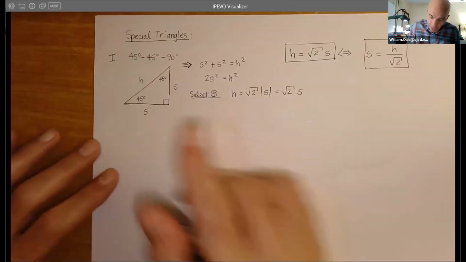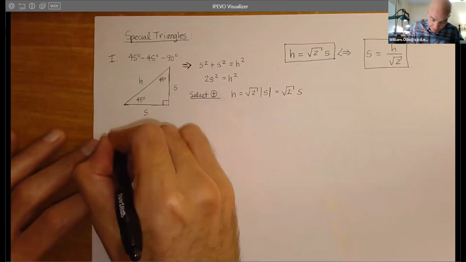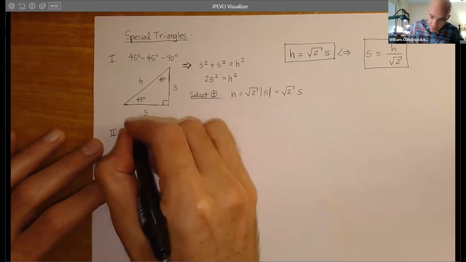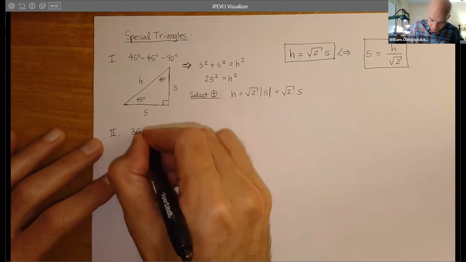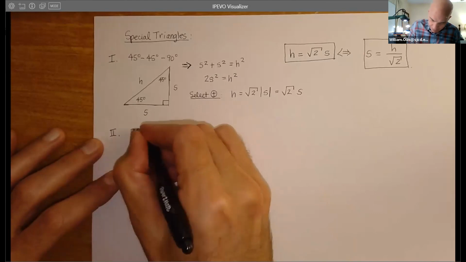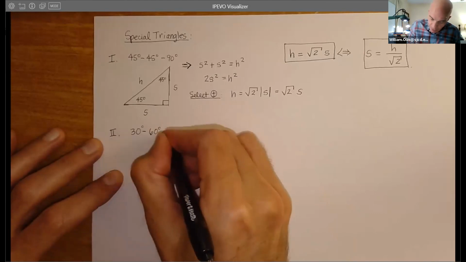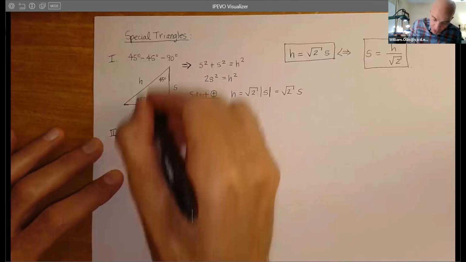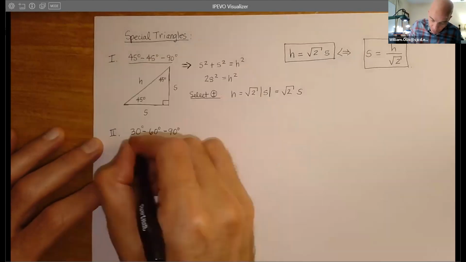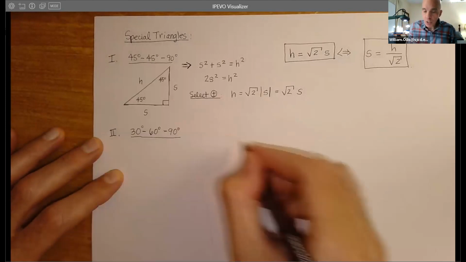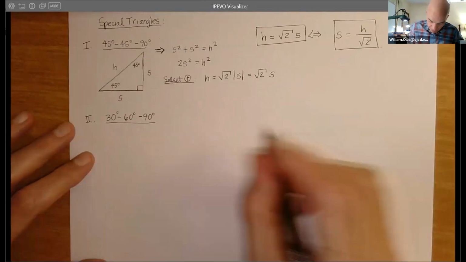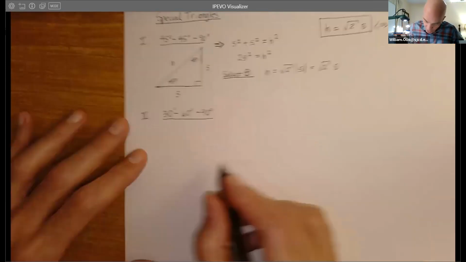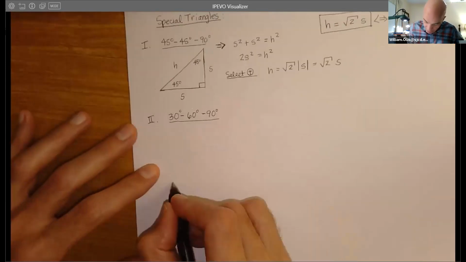Now, the second triangle is the 30, 60, 90. Again, this is another important triangle that you see in high school geometry. And what we want to do in this case is start with an equilateral triangle. So let's have a triangle that has 3 sides of equal length.